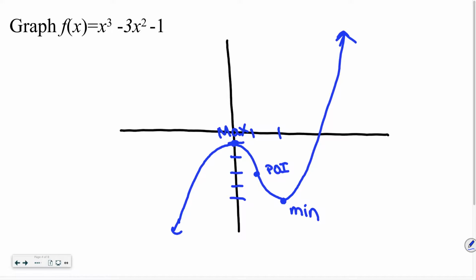So being able to do the calculus gives us way more accurate information as to what our graphs look like, which is nice. That one was also nice because it was a polynomial. Let's talk about the calculus side of things if it's not polynomial.